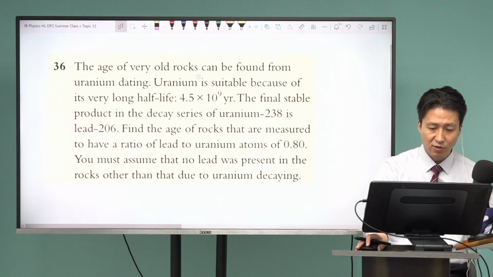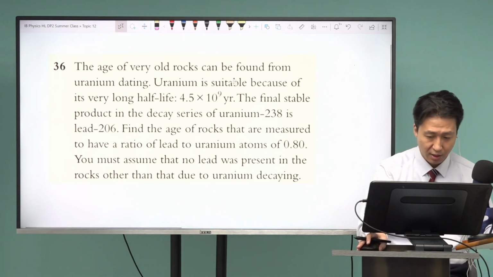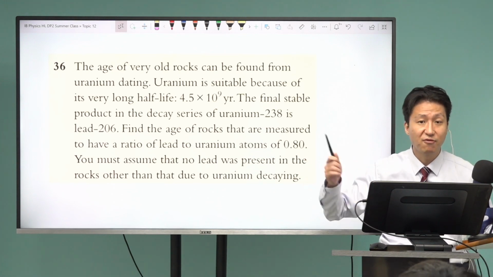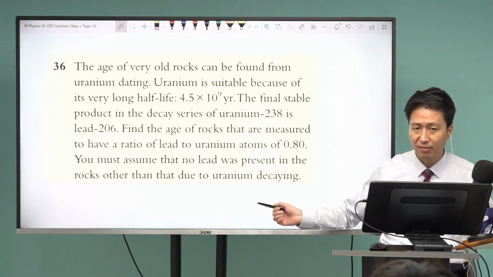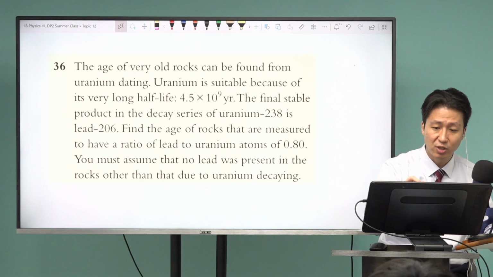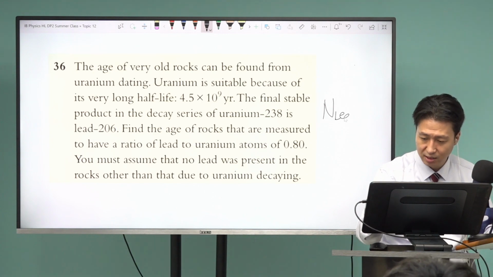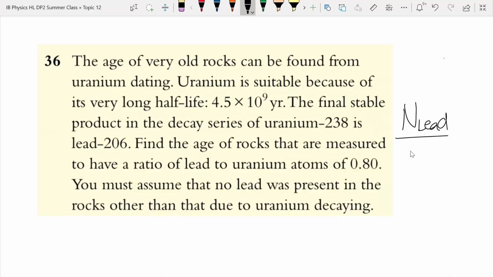Right. So first of all, what we have to find out is that this ratio is not the final amount of the sample. This ratio represents the number of lead atoms divided by the number of uranium atoms.